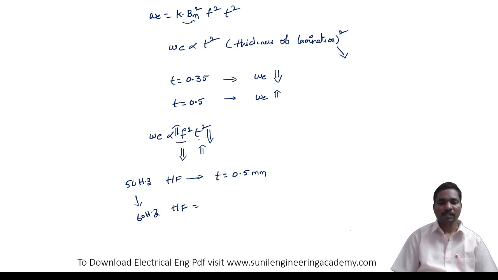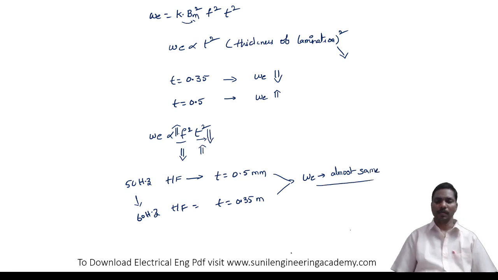If you increase the frequency, in the same way you have to decrease the thickness. Then W will be almost the same. To get the same eddy current losses, if you increase the frequency, you need to reduce the thickness of laminations as well.